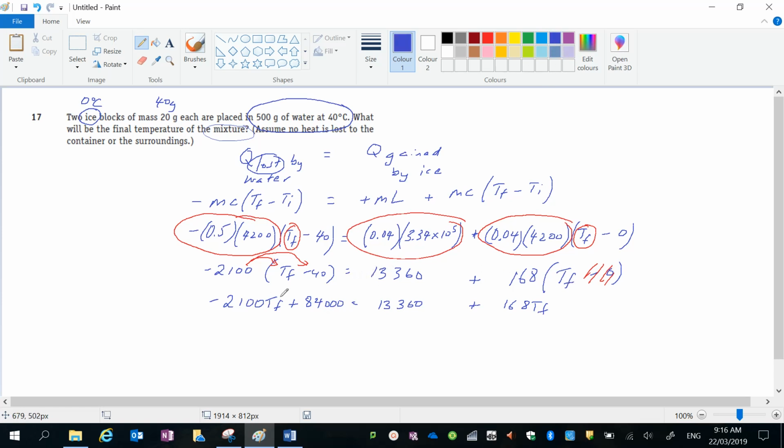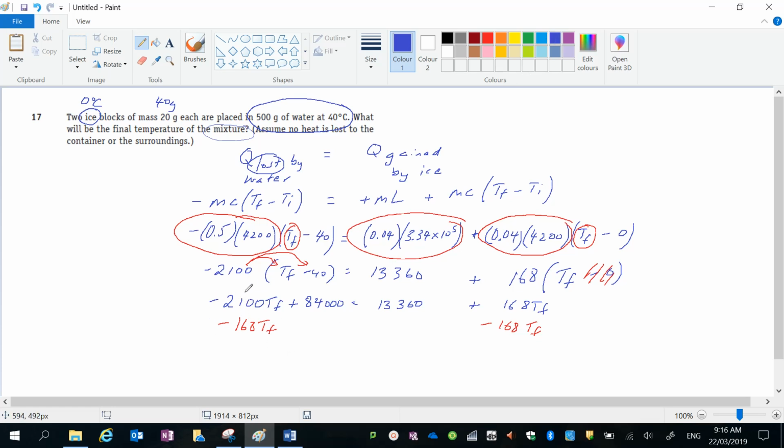Next part, because we have TFs on the left and on the right side of the equation, here's the dividing point of the equation, the equal sign, we need to get rid of the TFs from one of the sides. So if we have 168 TFs here, let's take them all away. So take away 168 TF. Do the same thing over here.